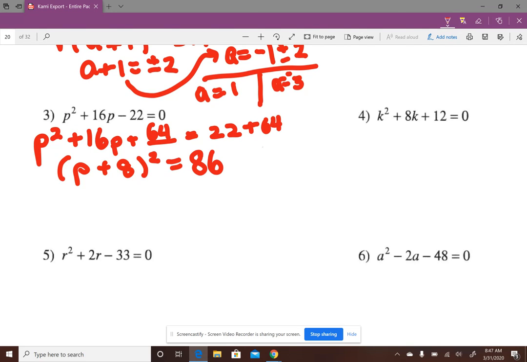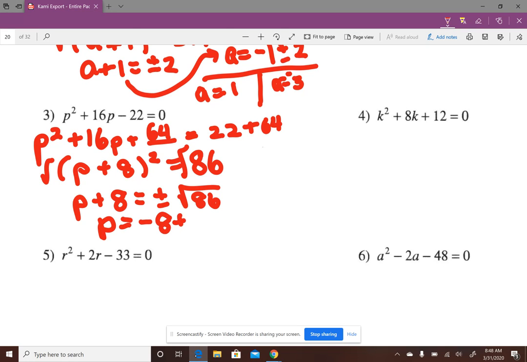That gives me 86. So now I'm going to take the square root of both sides, and that gives me p plus 8 is equal to plus or minus the square root of 86. I'm still going to leave everything unsimplified for now. We're going to talk about simplifying radicals maybe tomorrow. So p is equal to negative 8 plus or minus square root of 86.